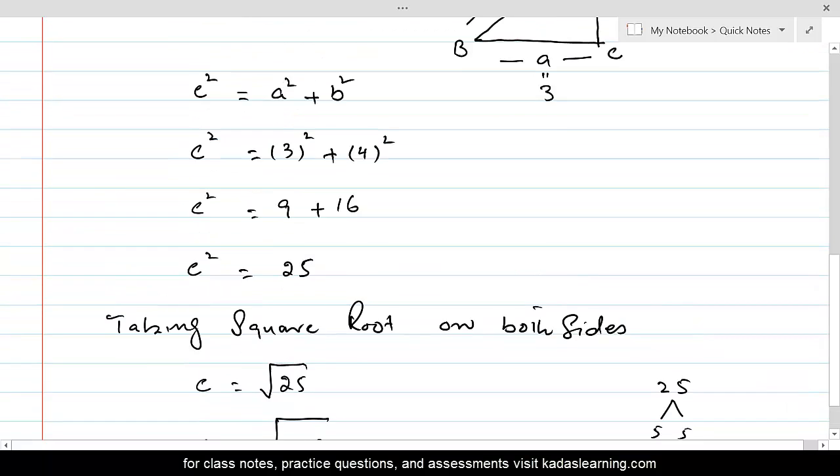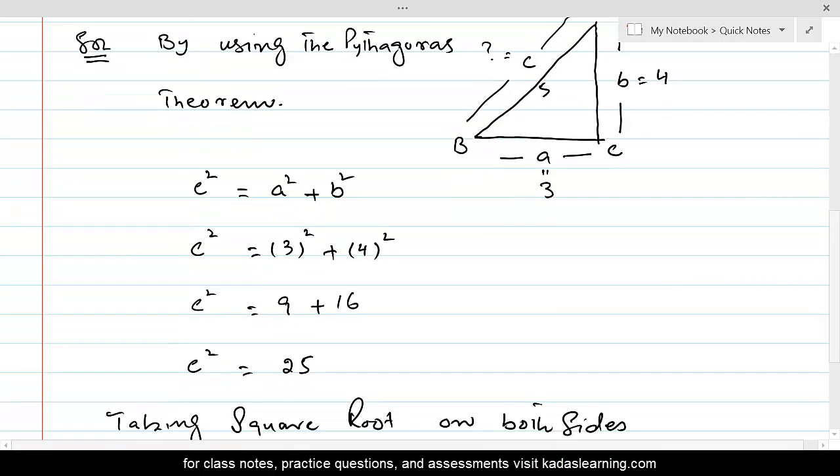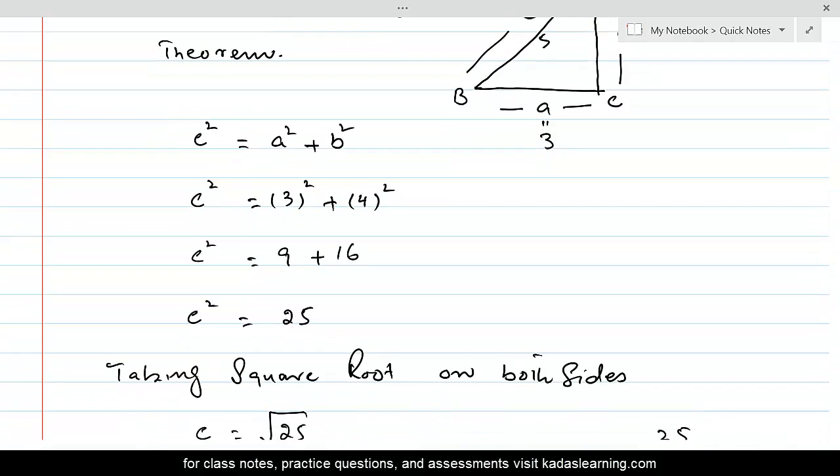So we can now label C as 5, because by using Pythagoras theorem, we have found the length of side AB, which was unknown to us. So Pythagoras theorem is a great tool to work in different scenarios involving triangles and even other trigonometric figures as well.